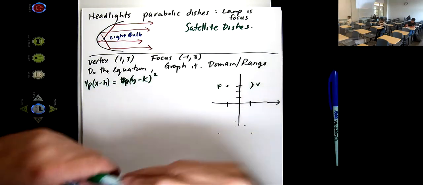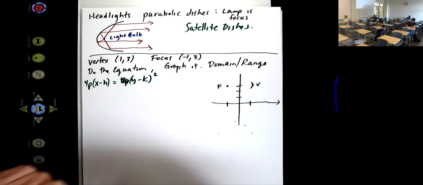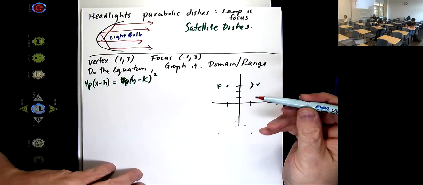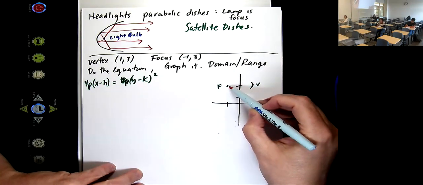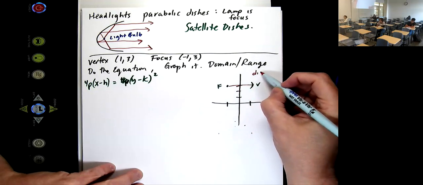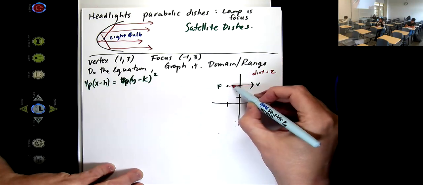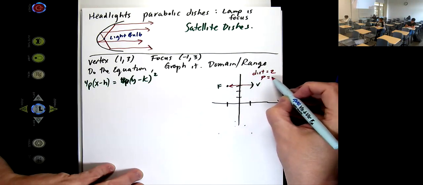P is what? How far apart are these two? They're 2 apart, so the distance is 2. And it's going to the left from the vertex, so P is -2.